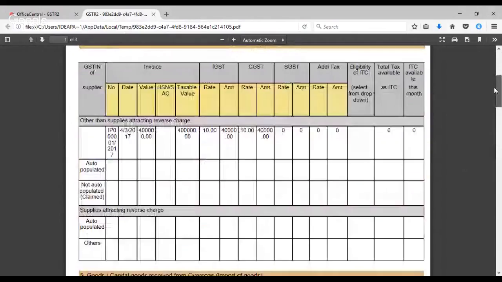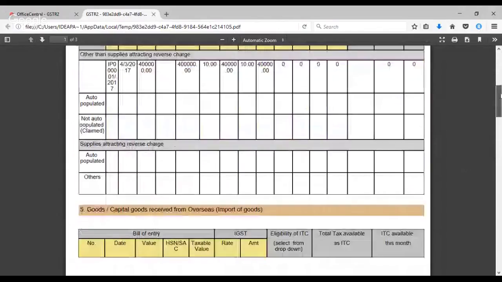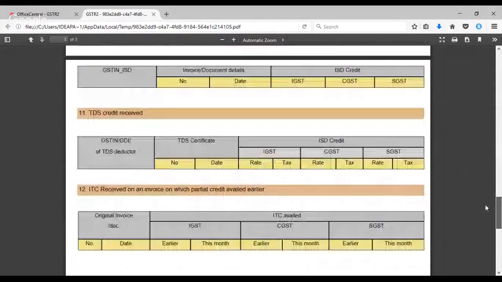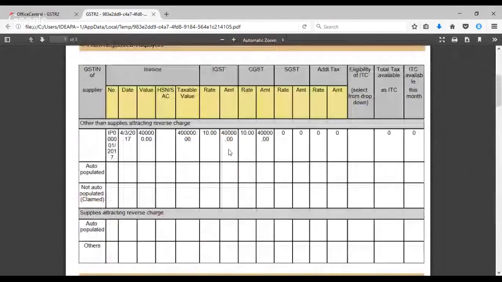Okay, you have done the purchase. Okay, so you can see the report inside that.